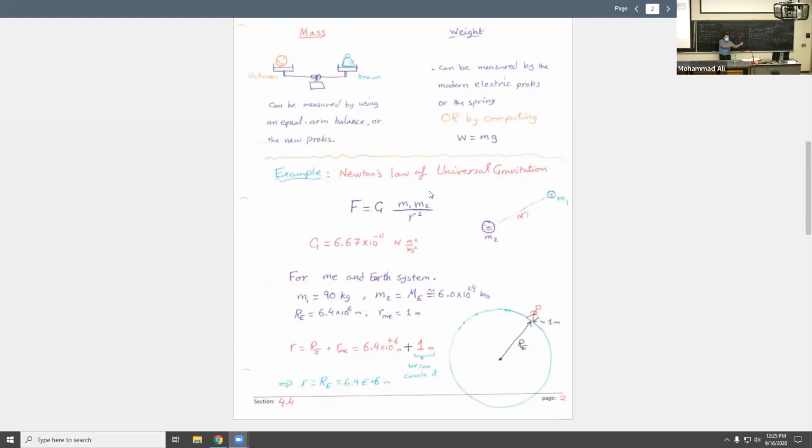In outer space, less than this. So this will be equal to 882 newtons. The difference is less than 3 newtons. I think this one will be 3 newtons.